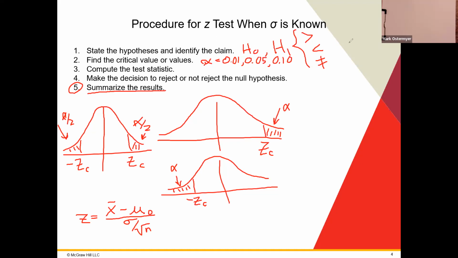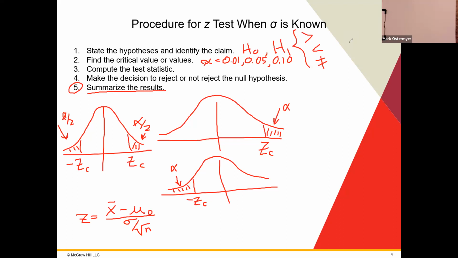Do not use technical jargon like "my test statistic was more extreme than my critical z value, therefore I will reject the null hypothesis." Somebody that doesn't understand anything about hypothesis testing would not understand a word you just said.